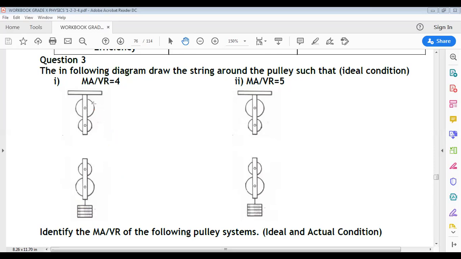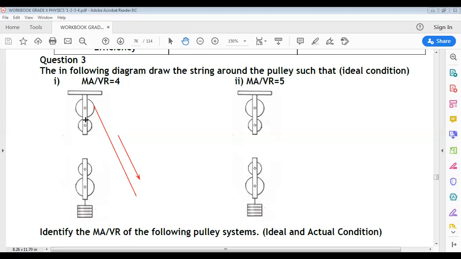From where do we start? We started from here. So we place the string like this in a downward direction. Understand, your effort will be in a downward direction. This is the direction of your effort. Why will this be the direction of the effort? Because the MA we want from this system is equal to the number of pulleys.